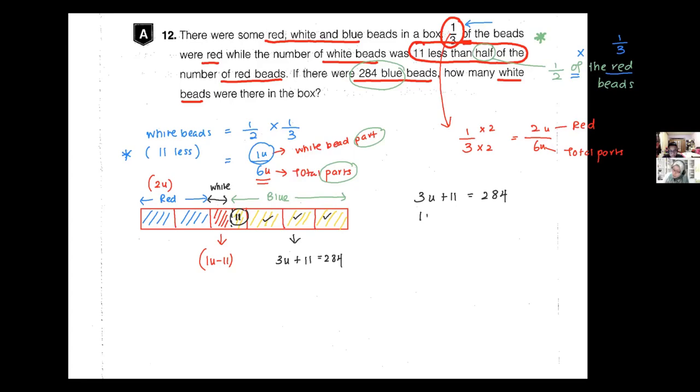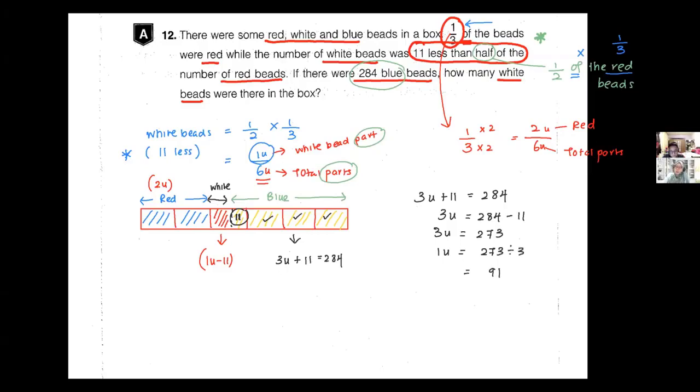So you take away the 11. You're left with 3 units, not 1 unit, sorry. So 3 units is equal to 284 minus 11, which is 273. Now I can find 1 unit, right? 1 unit is 273 divided by 3 and I get 91.